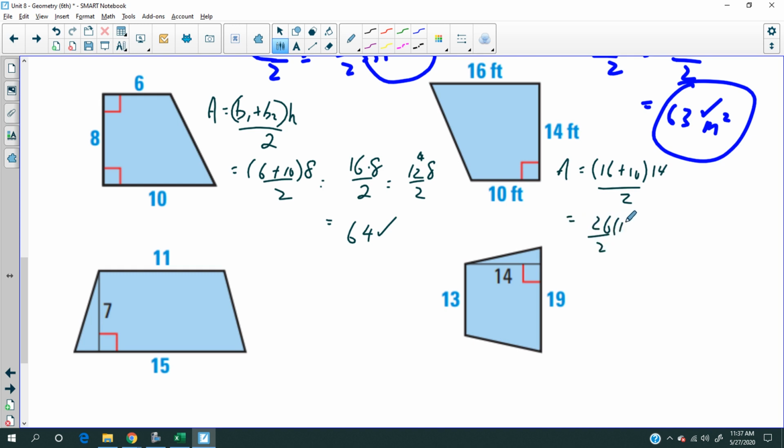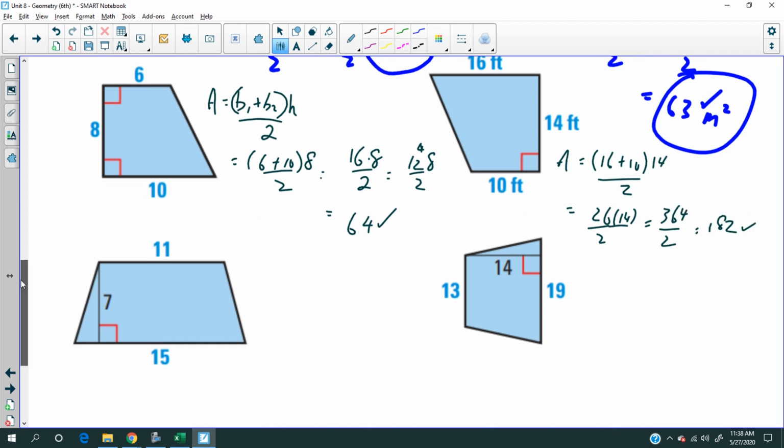By the way, you are allowed the use of a calculator, so this should be relatively quick for you. 26 times 14 is 364. 364 divided by 2 is 182.